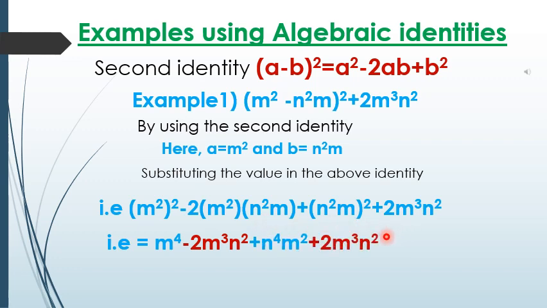Look here, -2m³n² and +2m³n² are cancelled. Remaining is m⁴ + n⁴m². That's all. This is the answer.